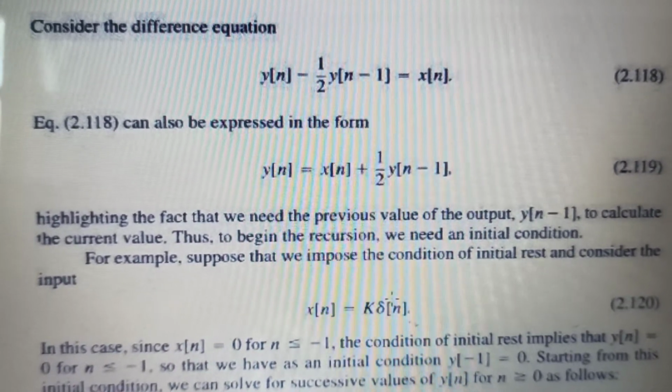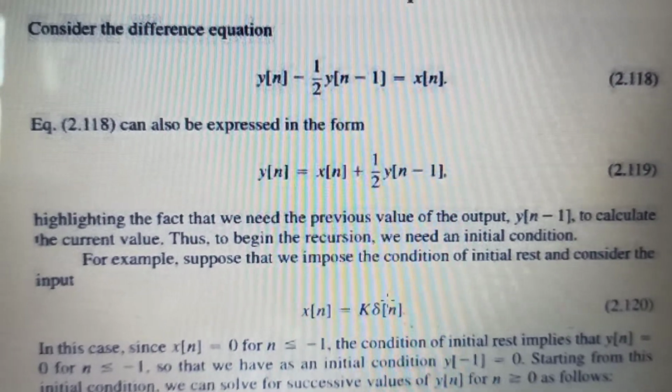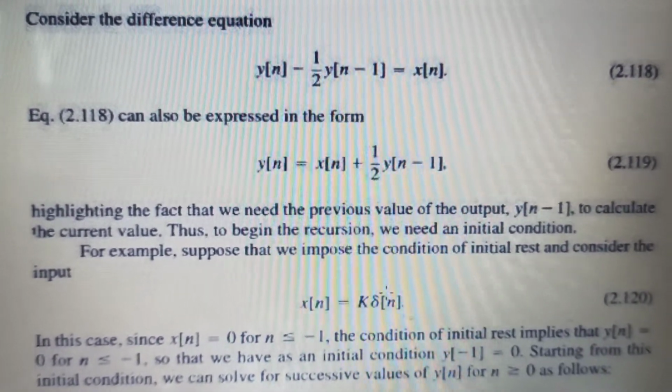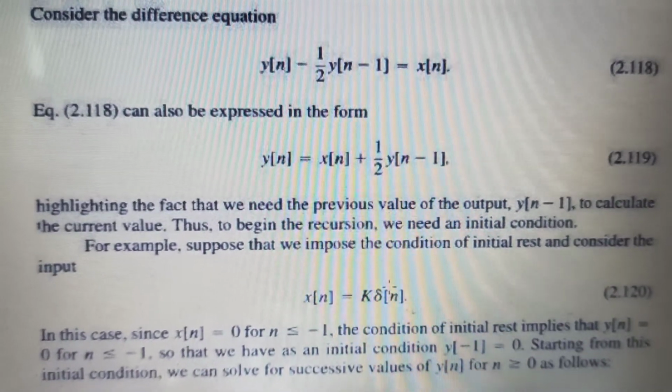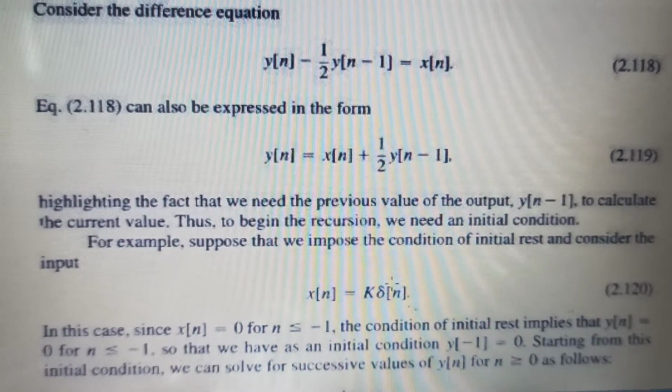From practical data we will collect that point and we will put that initial value, which we call initial conditions. I think this is very much clear, what are initial conditions and what are its use.